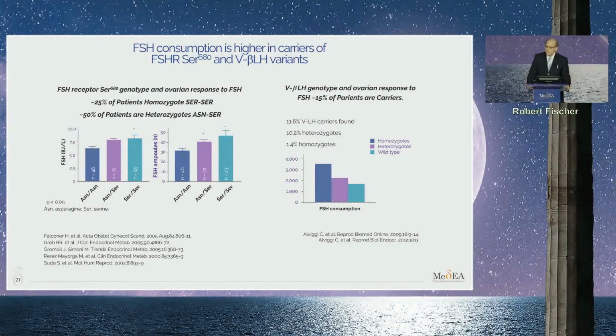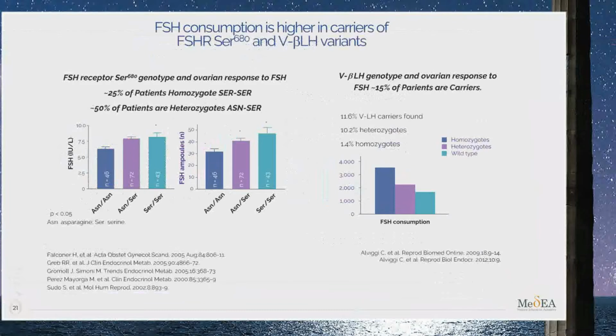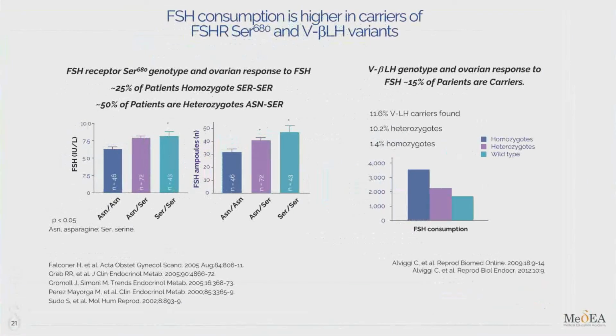Now, the reason for that will be explained later on today by Dr. Conforti. And the main reasons are polymorphisms, either of the FSH and LH molecule itself, or polymorphisms of the receptor of the FSH and LH.